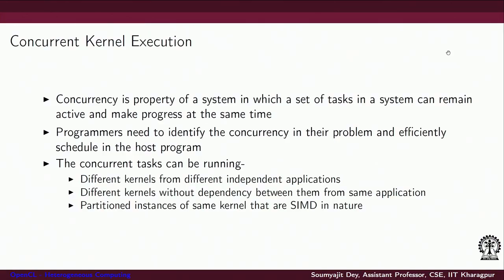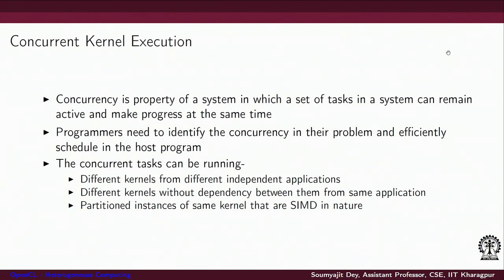So, I believe in the last lecture we have been discussing concurrent kernel execution and how concurrent kernels can be mapped to an underlying OpenCL device. In that context we talked about the following possible options. If you have concurrent tasks, one option is that these tasks are all different kernels coming from different independent applications, so they do not have any dependency.